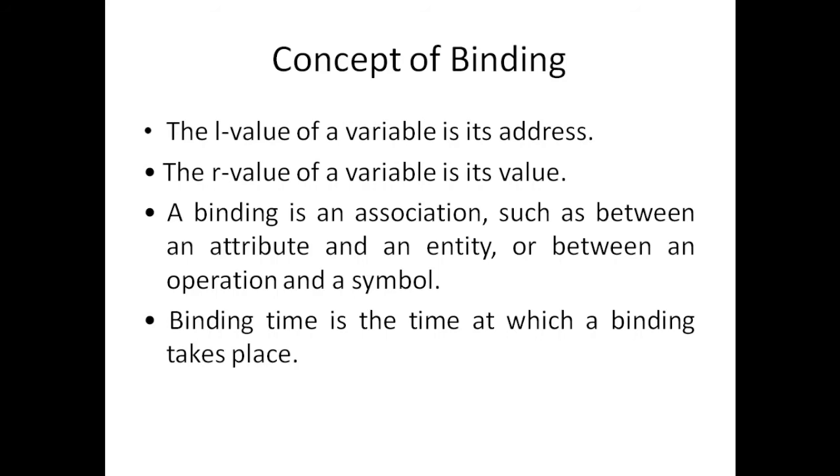The L value of a variable is its address, and the R value of a variable is its value. A binding is an association such as between an attribute and an entity, or between an operation and a symbol, right? A plus B. So the operation is addition between A and B.